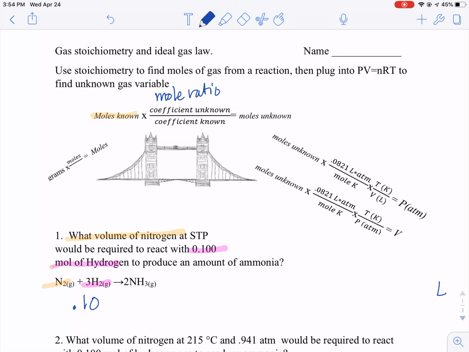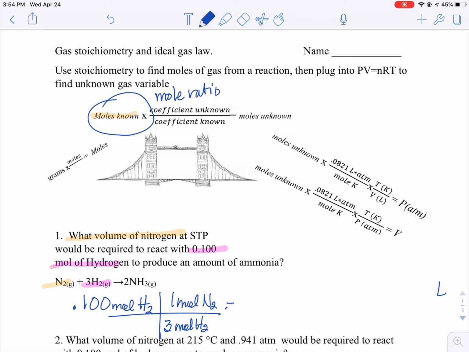So 0.100 moles of hydrogen gas. We know moles. Multiply by the ratio, 3 moles of hydrogen gas to each 1 mole of nitrogen, is going to give us 0.0333 moles of nitrogen.